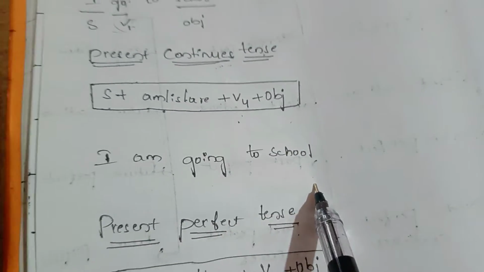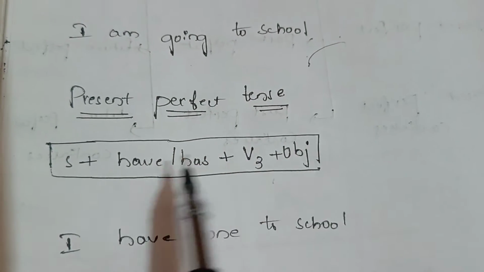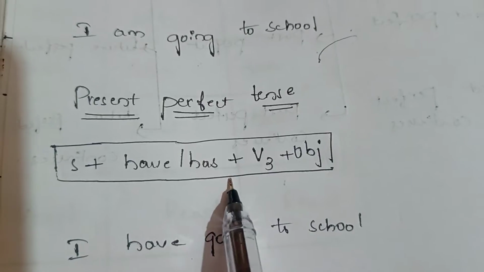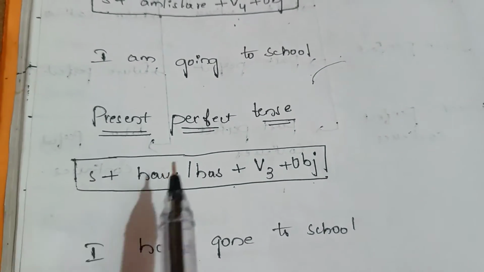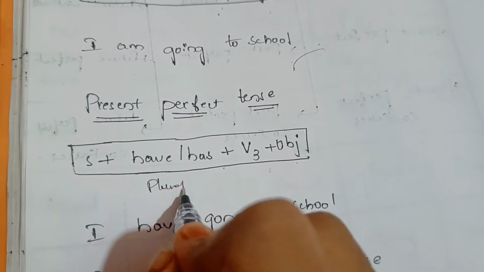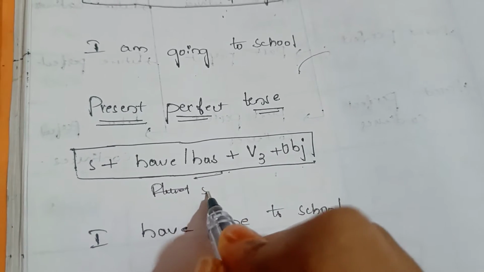Next, let's see the present perfect tense. The formula for present perfect tense is subject plus have or has plus V3 plus object. Have is generally used for plural subjects, and has is used for singular subjects.